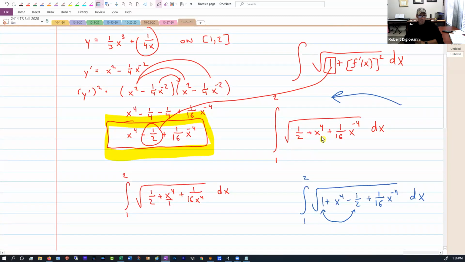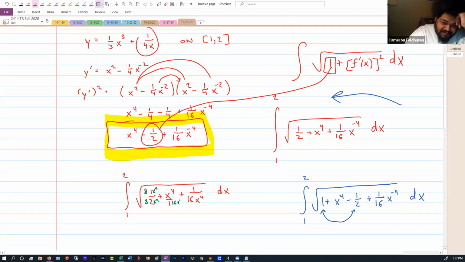So rewriting every term as a fraction, let's get a common denominator. My common denominator will be 16x to the 4th. So I have to multiply this one by 8x to the 4th on the bottom, 8x to the 4th on top. What about the next one? 16x to the 4th, x to the 4th, and then 16x to the 4th.